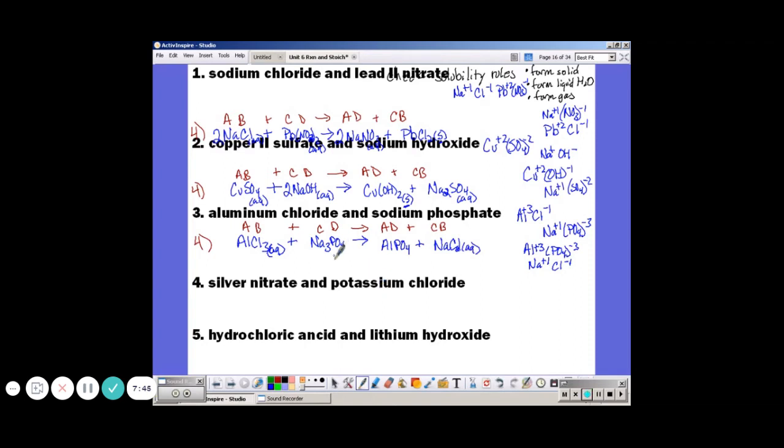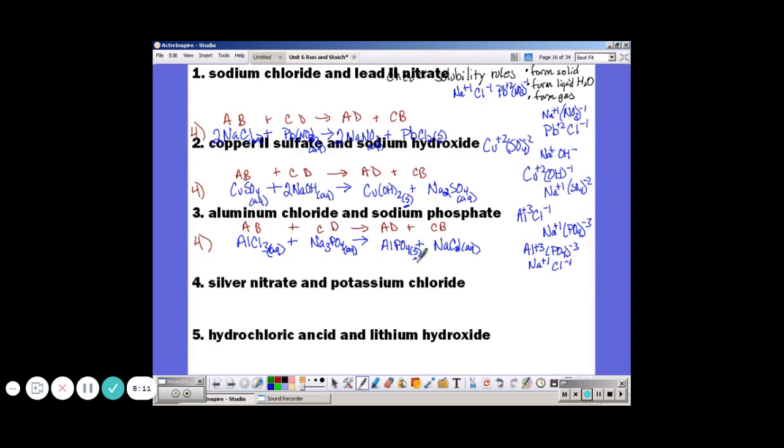All phosphates are insoluble except with group 1 and ammonia. So here it's with sodium, which is in group 1, so it's no longer insoluble but soluble. Phosphate here is with aluminum. Aluminum is not a part of our exception, so it's going to remain a solid. So this reaction takes place because I formed a solid.